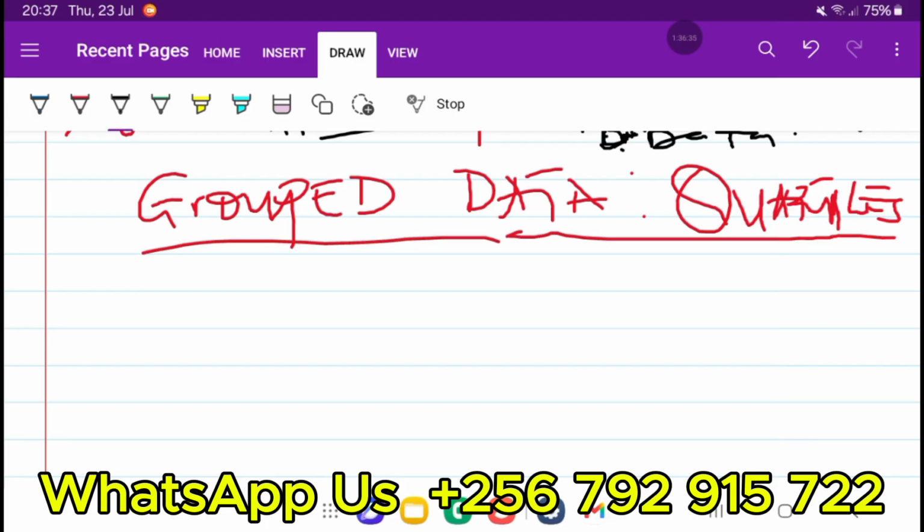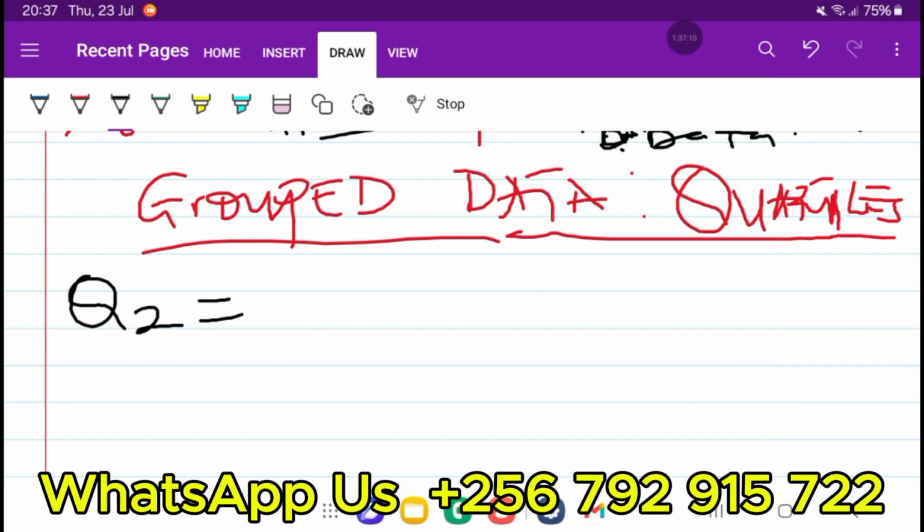So if you have a data set and you want to get the middle value, or the Q2, of course here we are going to use different numbers.